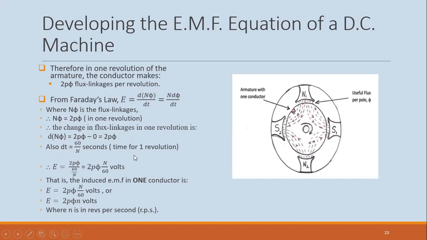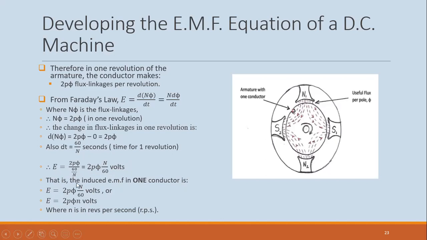So if we substitute those two into Faraday's equation, E would be equal to 2p phi divided by 60 over n, or 2p phi n over 60 volts. So that is the induced EMF in one conductor.